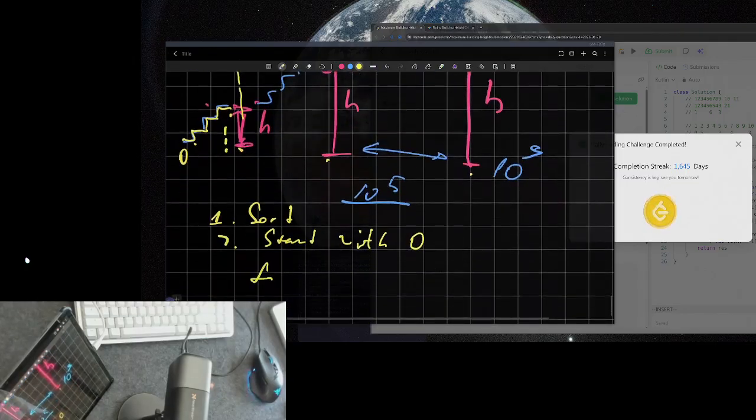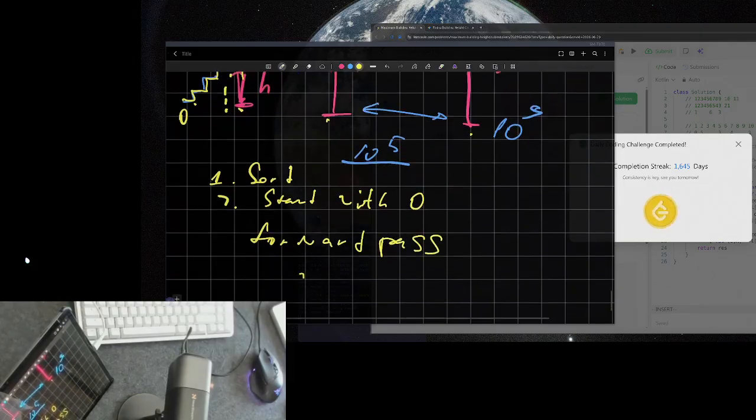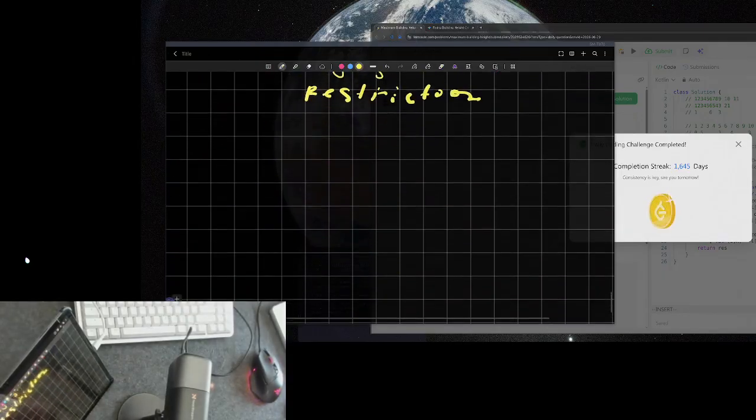So this is the forward pass: adjust restrictions. So we have, for example, the previous maximum height we could reach, starting from 0, and then we just check.